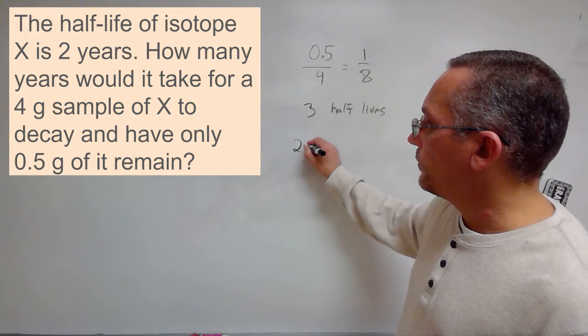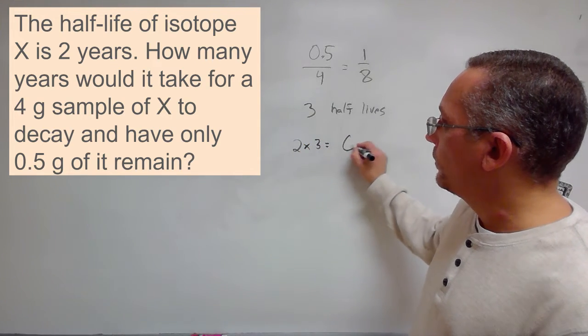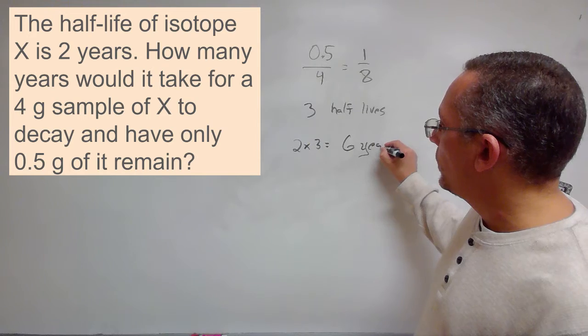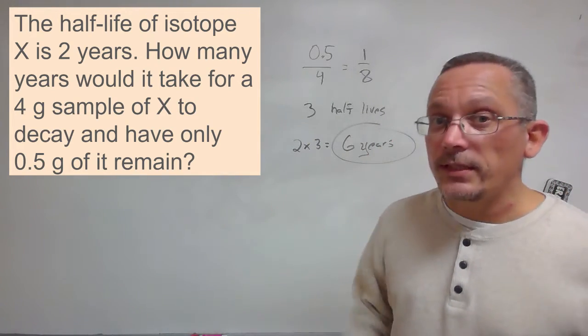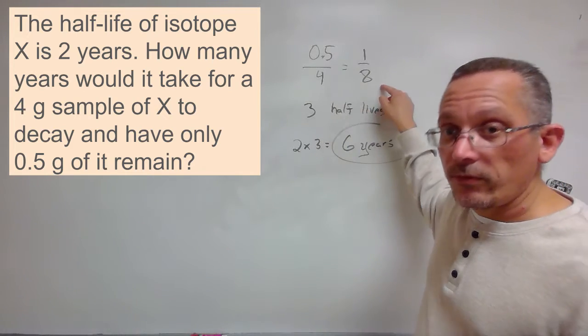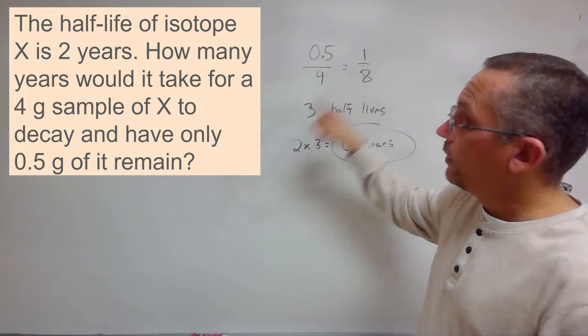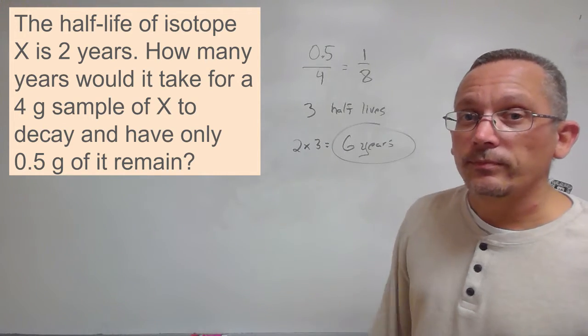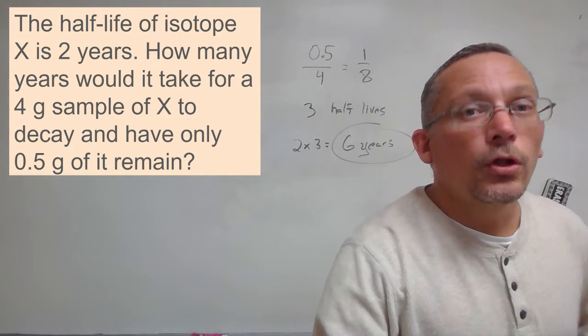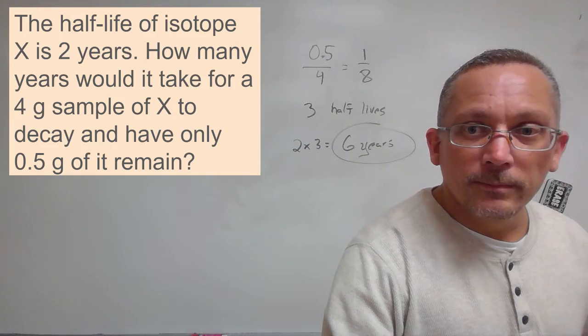It's 2 years times 3, which is 6 years. Okay. So the how long will it take problem, first figure out what fraction you have left, how many half-lives is that, and then multiply that by the half-life. That tells you how long it would take.